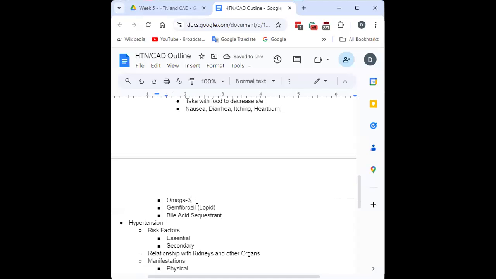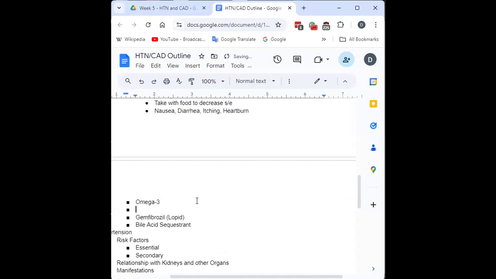Your omega threes. How do we want to get our omega threes? If someone asks what's the best way, if possible, how would you want to get your omega three? If possible, we want to get it through diet rather than just supplements.